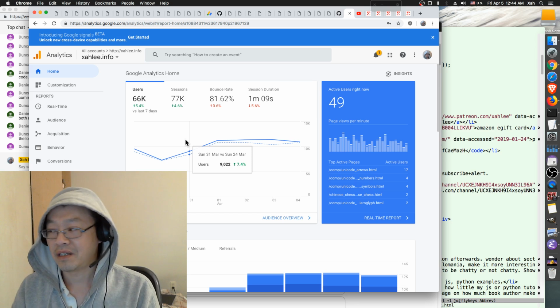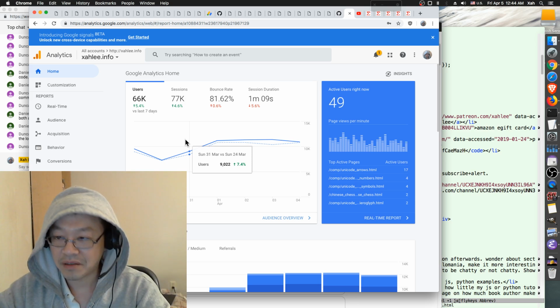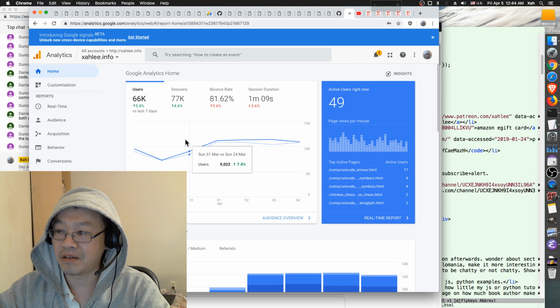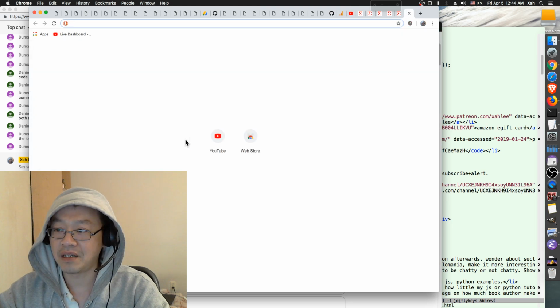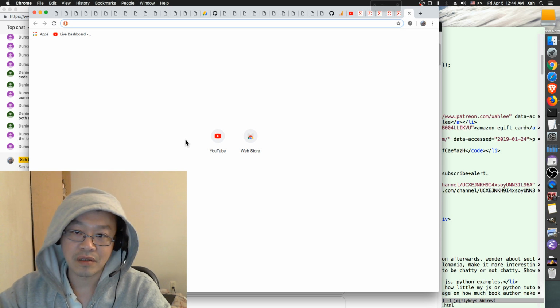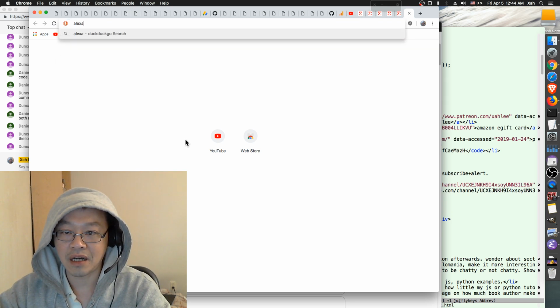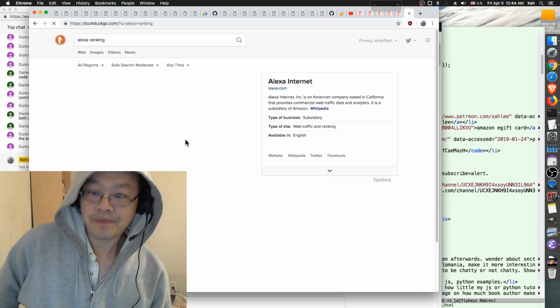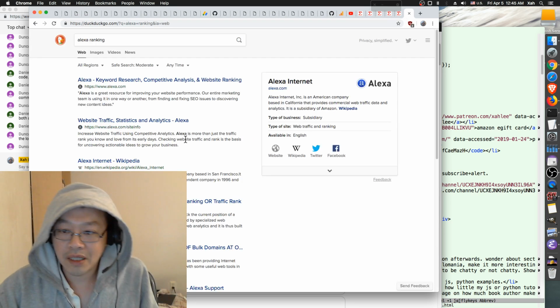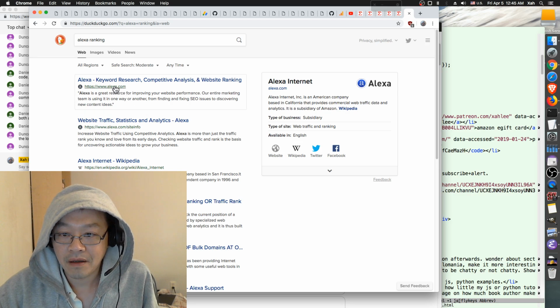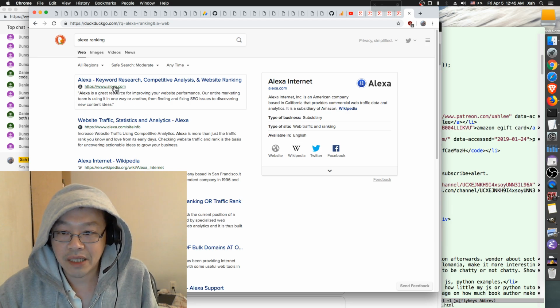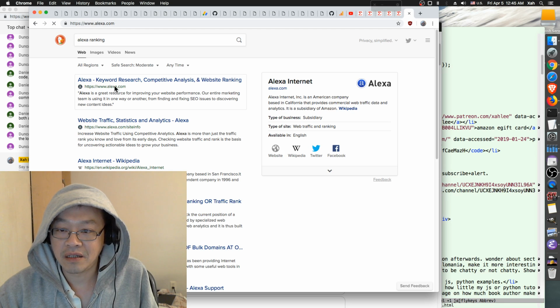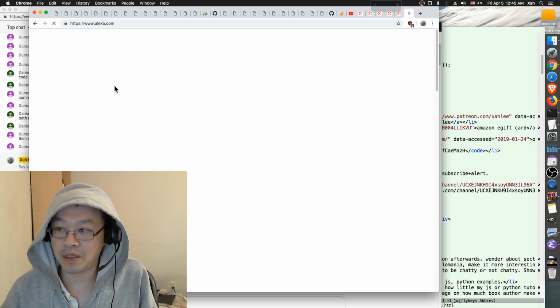The top 5,000, top million websites, probably. But let me show you a website, Alexa ranking. There is this website that ranks the traffic of all websites in the world.